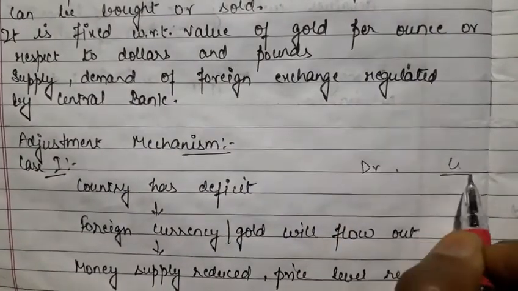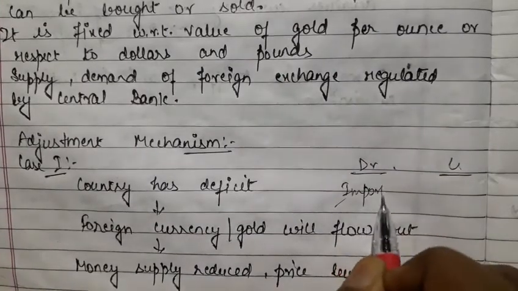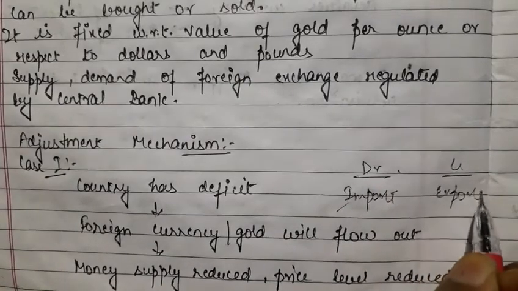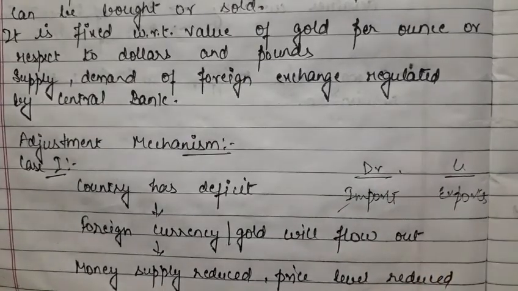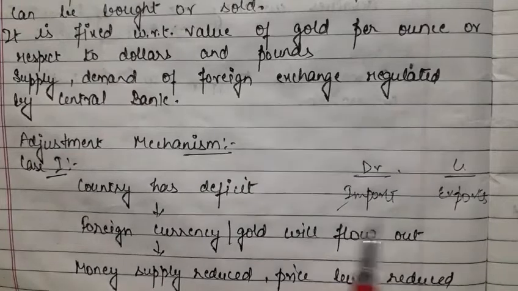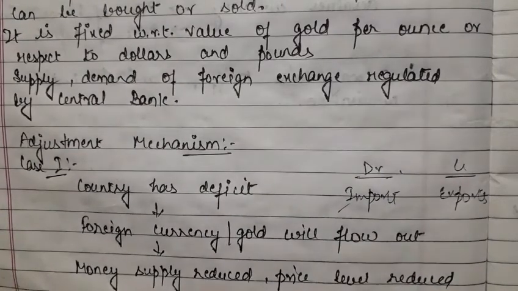On the debit side we write all the imports of goods and services, and on the credit side we write all the exports of goods and services during the year. If imports are greater than exports, that is the deficit condition, and if exports are greater than imports, that is the condition of surplus.